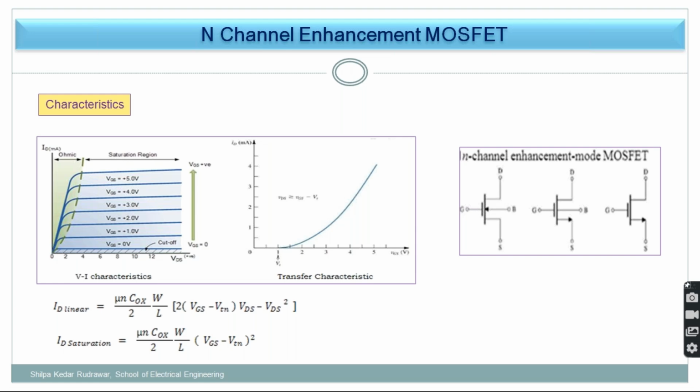So in this equation, as I already told you, in the linear region, the current is dependent on VDS and VGS terms. But in saturation, it is acting as a constant current source. It is independent of your VDS, and that's why the VDS term is not present in the saturation current equation.